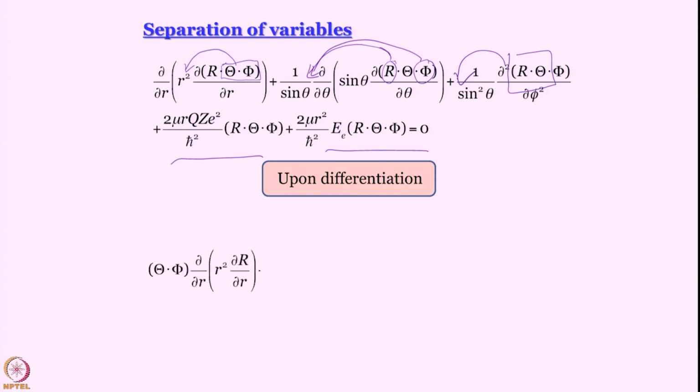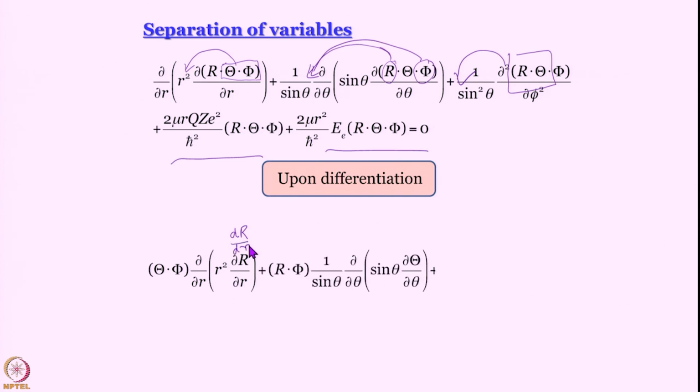You do that, this is what you get: capital theta capital phi del del r of r square del capital R del r. In fact, there is no need to write del here anymore, because I do not have a partial derivative any longer, is it not. So, it is absolutely okay, and desirable, that I write d by dr of r square dR dr, that is actually better.